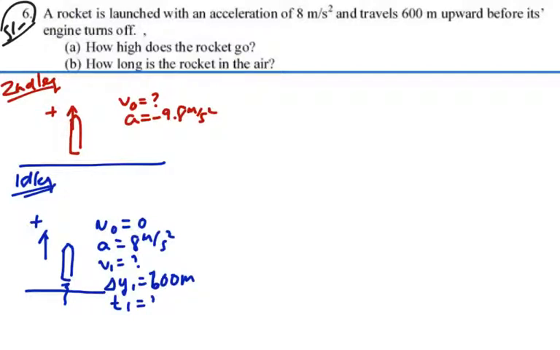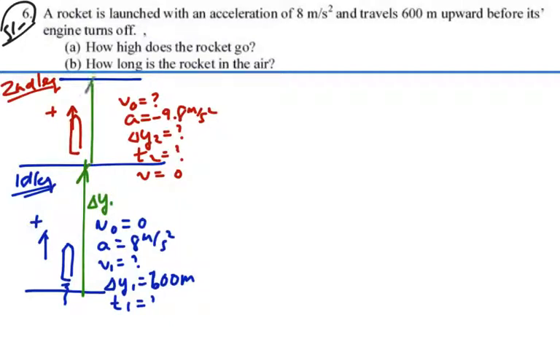We're going to have some displacement and some time that we need to find, and our final velocity is going to be 0 because we're going to go to some maximum height and stop there. So our final velocity at that maximum height will be 0. So that is our second leg. We have a displacement delta y1 and another displacement delta y2 for these two different legs.